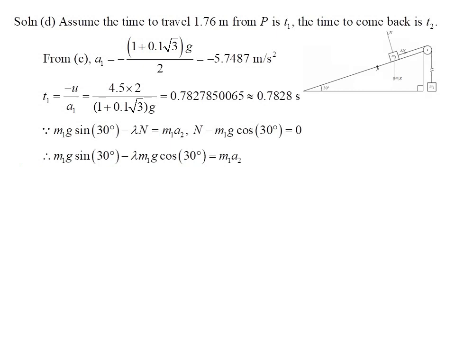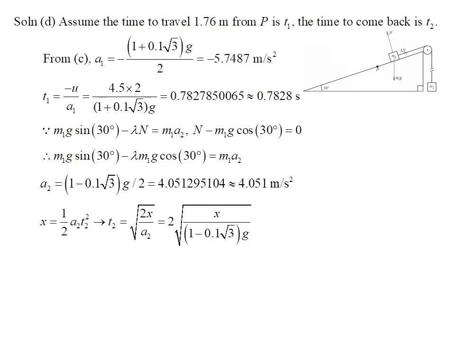After substituting m1g cosine 30 degrees for N, it becomes m1g sine 30 degrees minus lambda m1g cosine 30 degrees equals m1 a2, which gives a2 equals (1 minus 0.1 times square root 3) times g over 2, which is approximately equal to 4.051 meters per second squared.